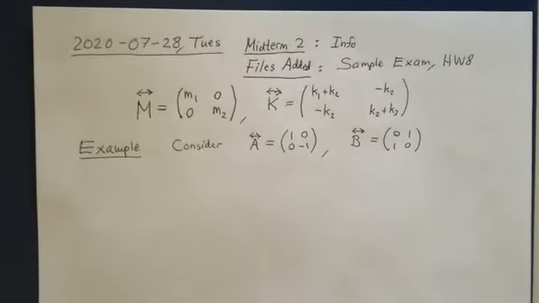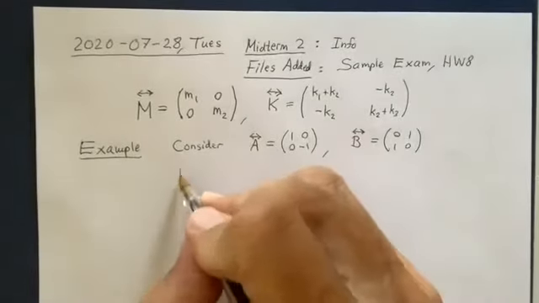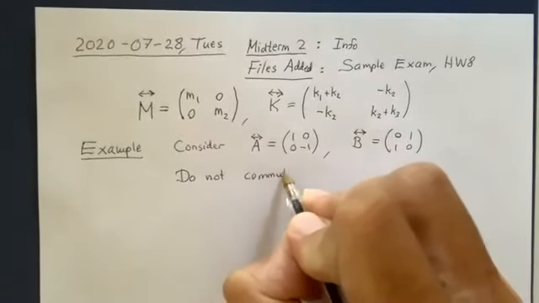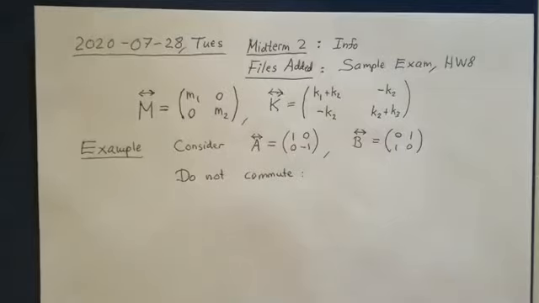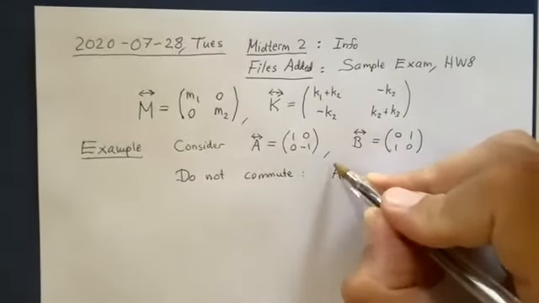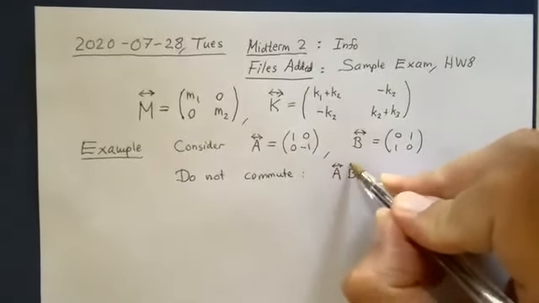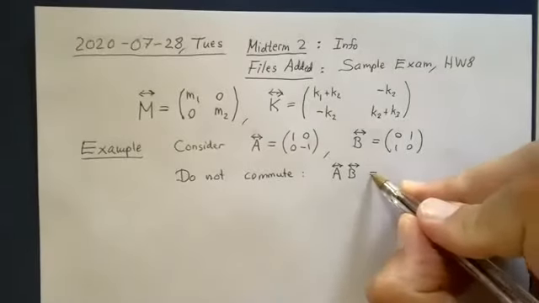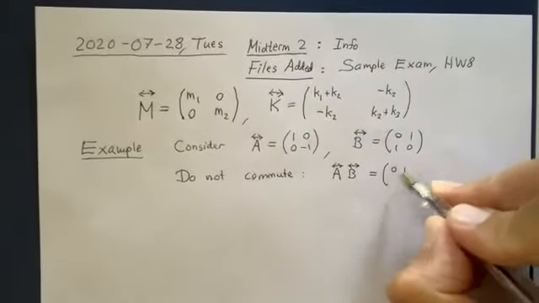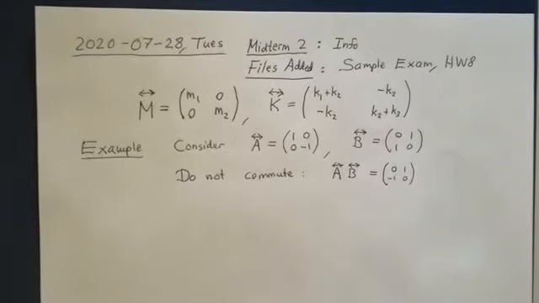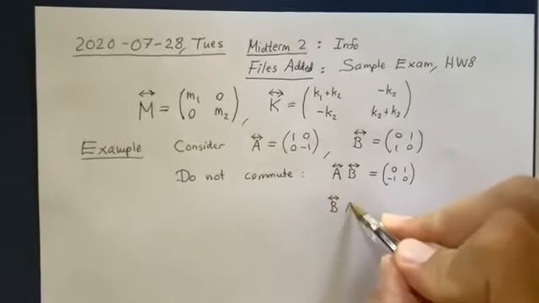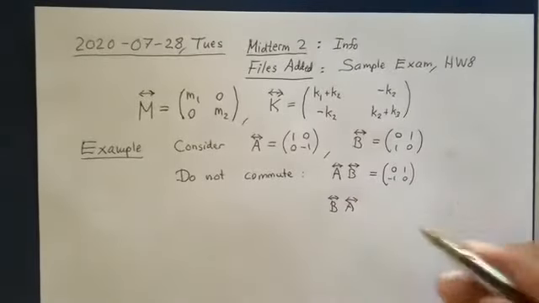So first of all, observe, these matrices do not commute. Okay, what does that mean? If you multiply like so, if you compute A times B, and we're talking about standard matrix multiplication, here's what you get. On the other hand, suppose you multiply B times A. What happens?